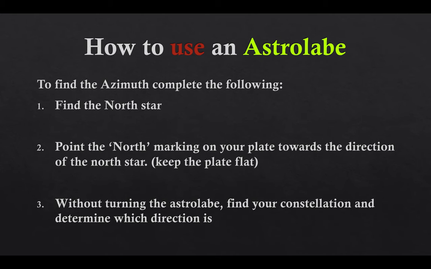So start with it so that your string is at 0 and you're looking totally flat outwards. Then as you rotate it up, the angle on your astrolabe should change. Make sure you're starting at 0, it's going up towards 90, and then you should be able to read your zenith calculation off of that.